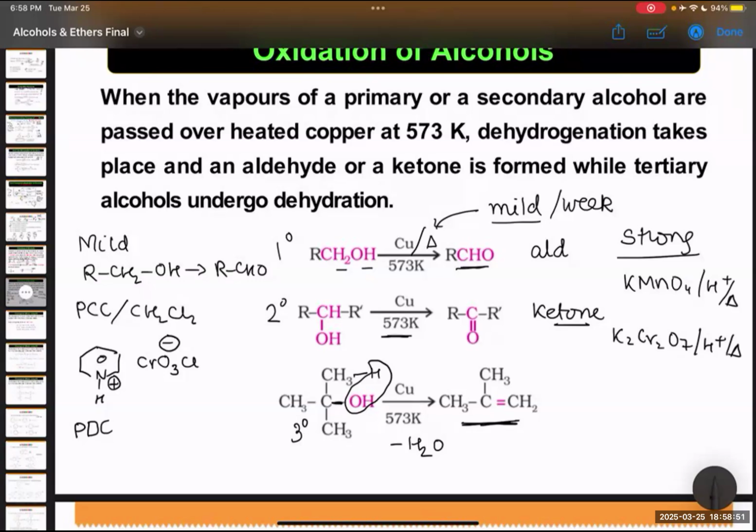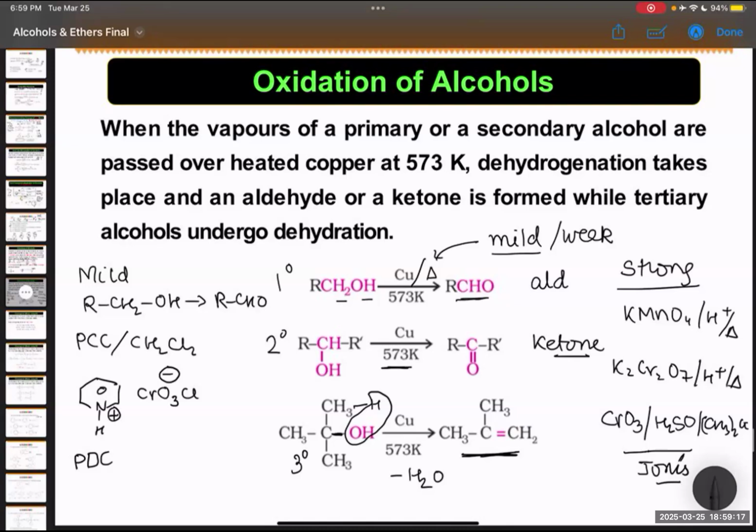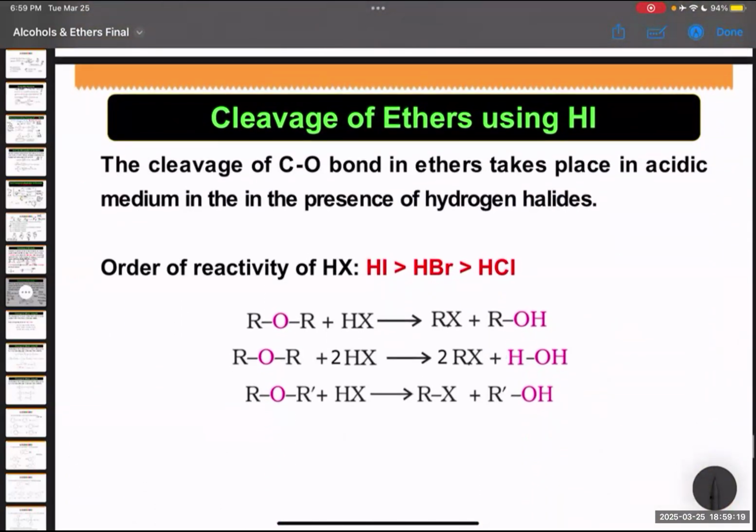Okay, these are strong, or CrO3, H2SO4, acetone. This is also a strong oxidant, Jones reagent. This is also a strong oxidant. I hope this is clear to you. Right?